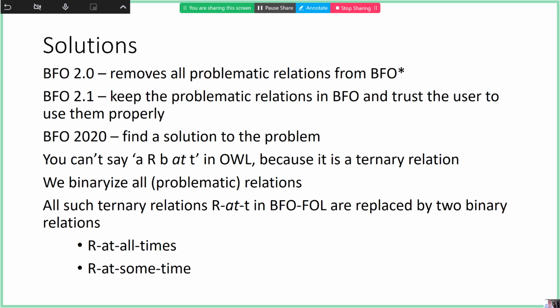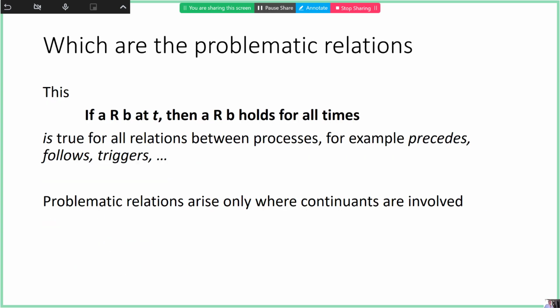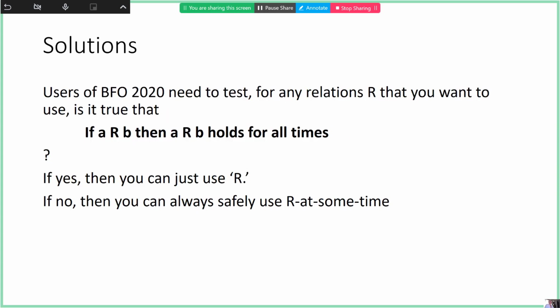One form is that the relation R holds at all times. One form is that relation R holds at some time. So A, R at all times, B, is still a binary relation. The problematic relations are not relations between processes. They are only relations where continuants are involved.